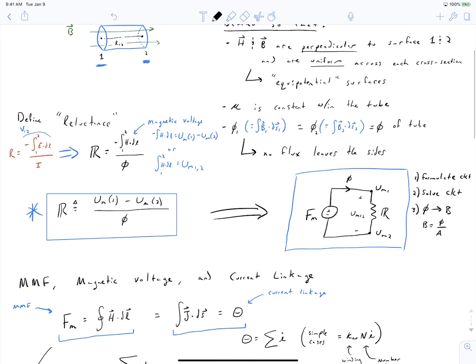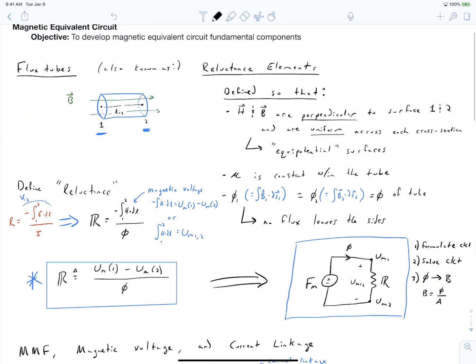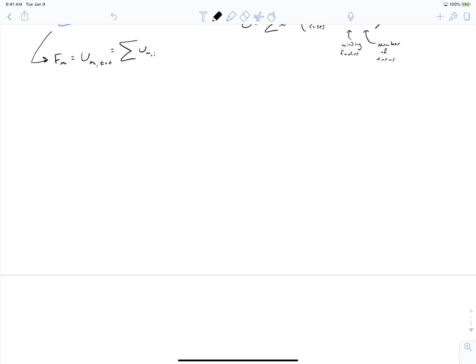Let's now go back to our flux tube and talk about a simple case. We'll call it a simple flux tube, where in addition to the other assumptions, we also assume that the flux tube has constant cross-sectional area throughout it. So surface 1 and surface 2 both have the same cross-sectional area.